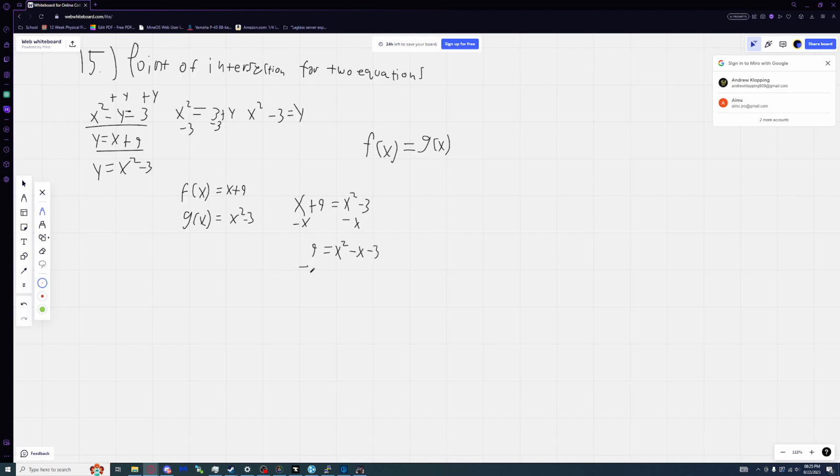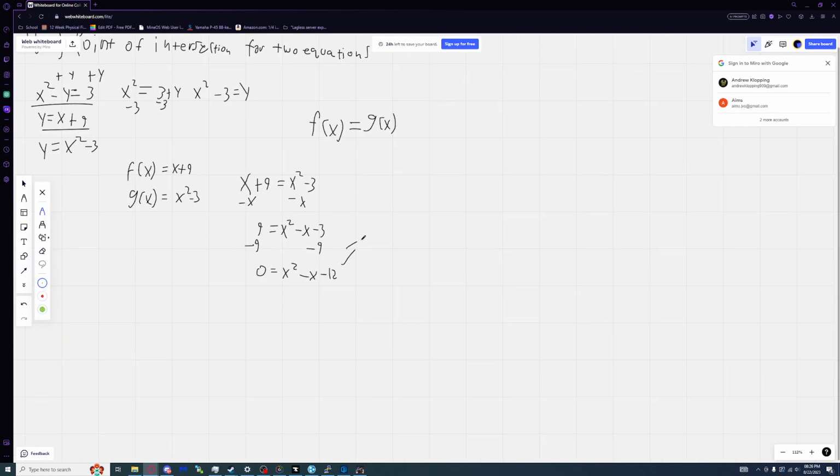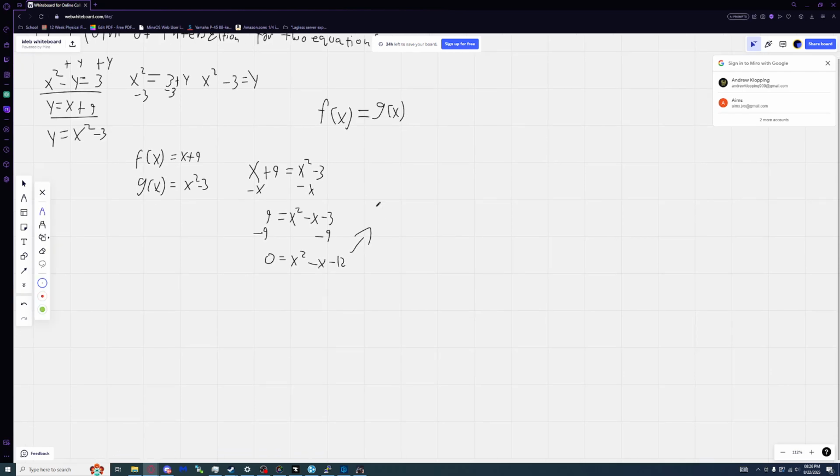And then we're going to subtract 9 from both sides, which will give us 0 is equal to x squared minus x minus 12. And what you'll notice here is that this can easily be reduced by using the, what's it called?